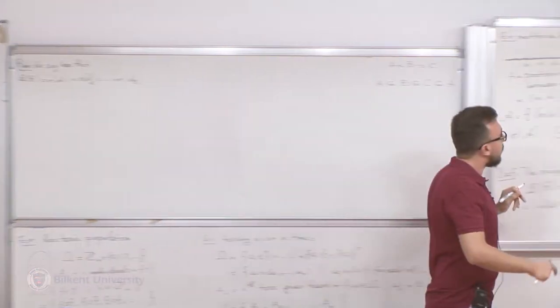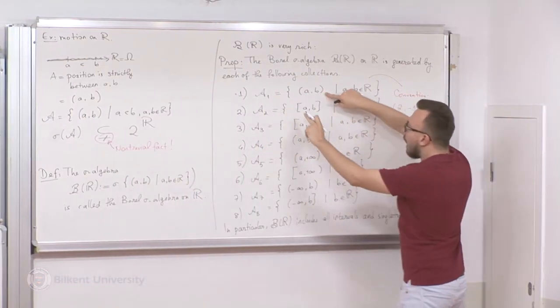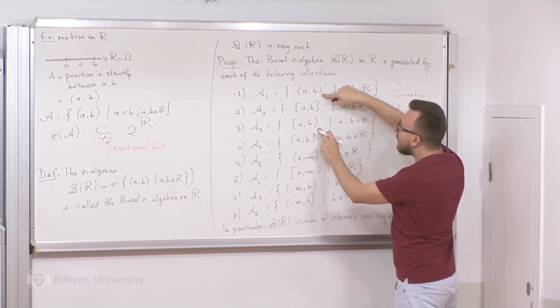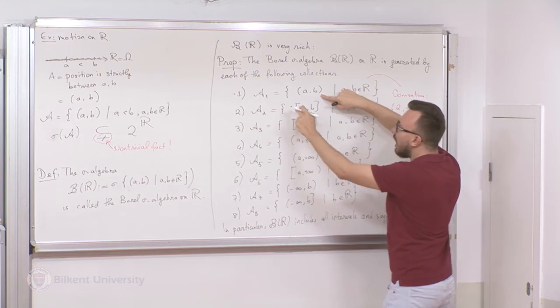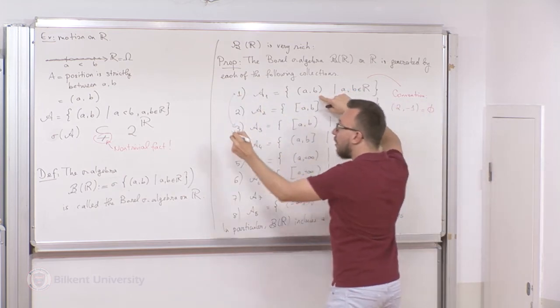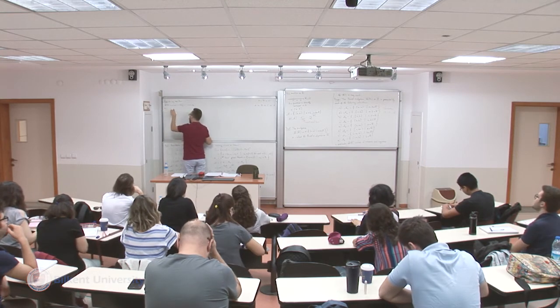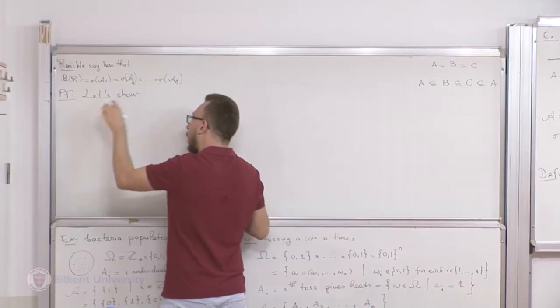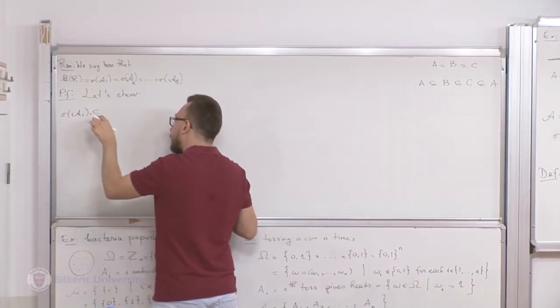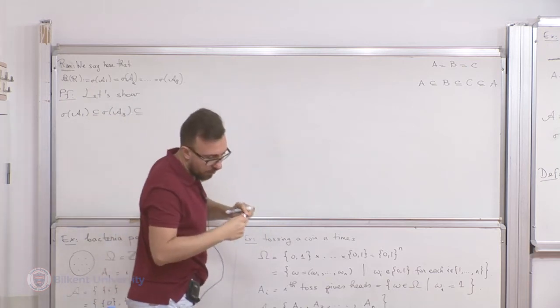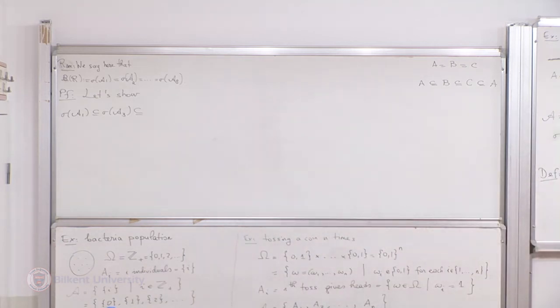So that's an open interval from both sides. Probably number 3 would be an easy pass for me. At least the right side stays the same, but the left changes. So let me pass to 3. Okay, so this means for the proof, let's show sigma A1 is a subset of sigma A3, is a subset of, maybe now that I have A, this part closed, but this part changes, I can pass to 2.